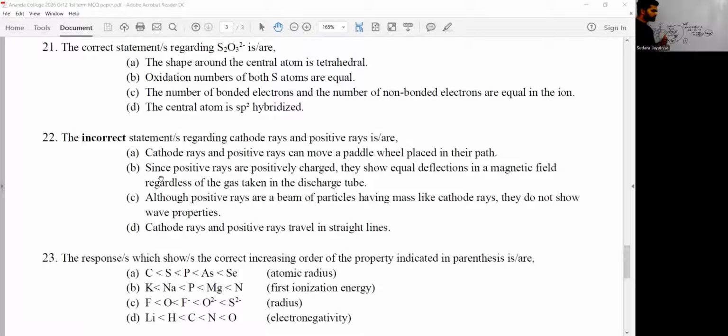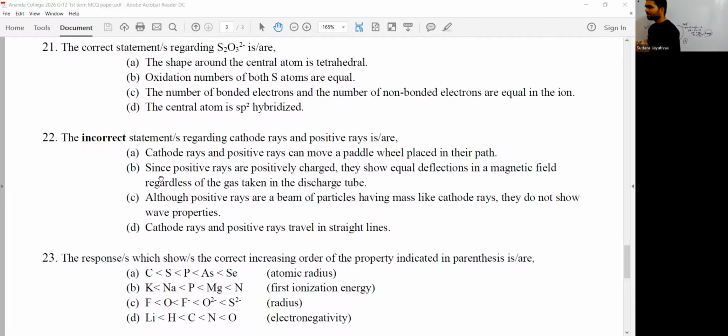A is correct. Why? Because these particles have kinetic energy, a momentum. So they can turn the paddle wheel in their path, because cathode rays are electrons, and positive rays are nuclei of atoms. When they collide on the paddle wheel, it starts to rotate. Understood? So cathode rays are electrons, and electrons have a mass.